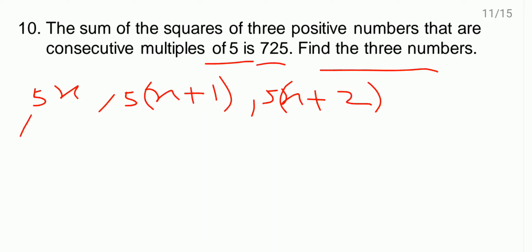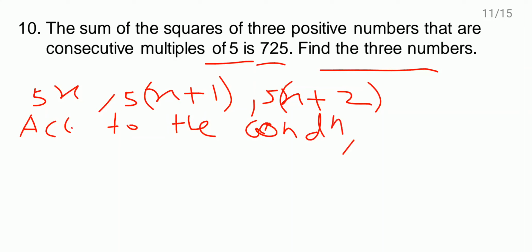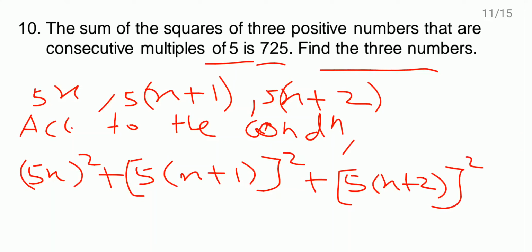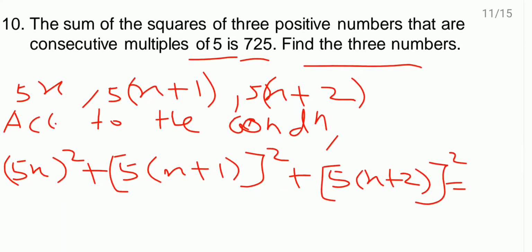So according to the condition, in short, I am writing here (5x) whole square plus (5(x plus 1)) whole square plus (5(x plus 2)) whole square, which is equal to 725. Now I'll make the square. 5x square means what?